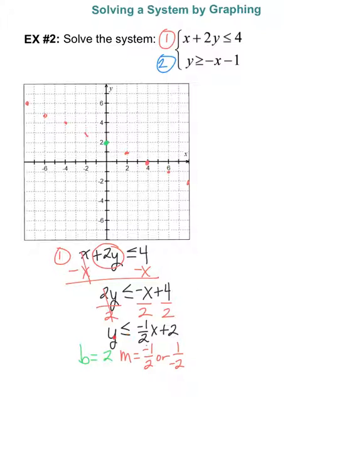So because this is equals to, you will have a solid line and less than below. So we will have solid and below.